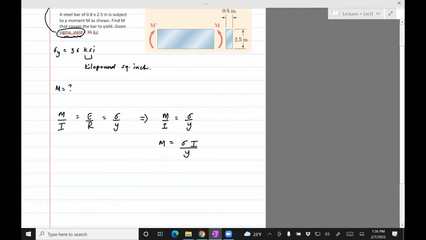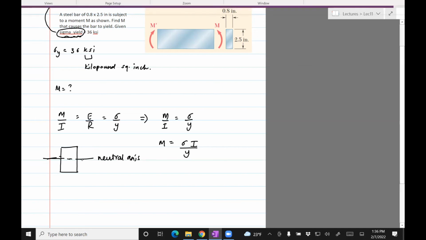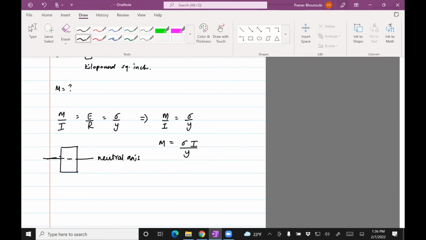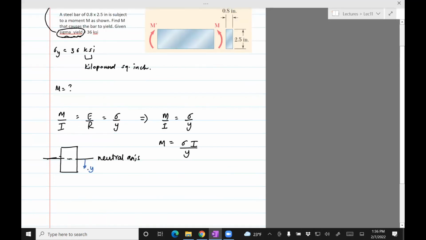Now, in this case, since this is a very regular geometry, the neutral axis passes through the center of the beam. This is the neutral axis. This distance is Y.